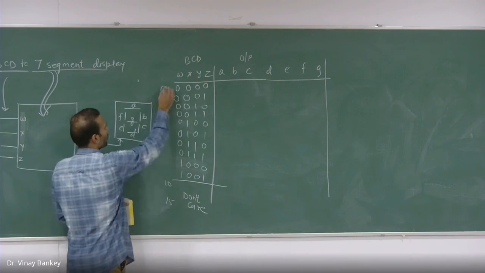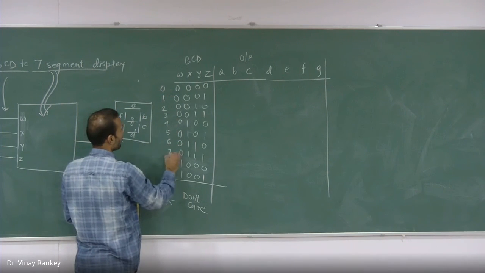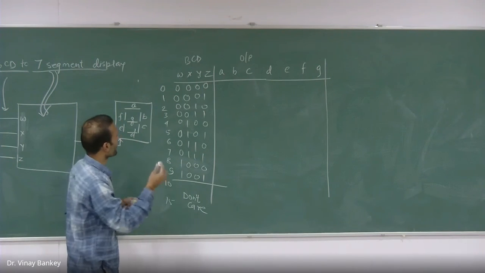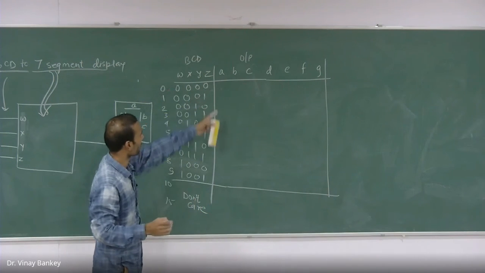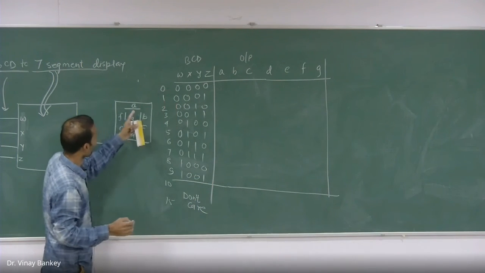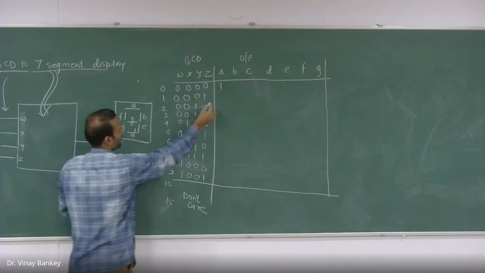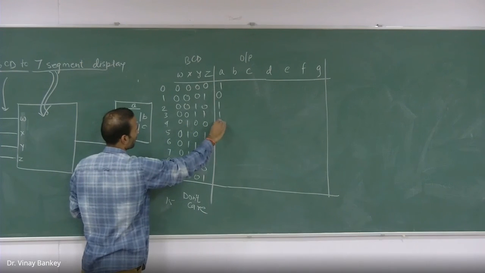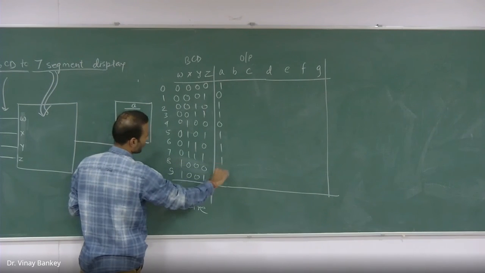So now this is 0, 1, 2, 3, 4, 5, 6, 7, 8, and 9. Now quickly reply: for what combination will A be glowing? For 0, yes. 1, no. For 2, yes. 3, 4, 0, 5, 6, 7, 8, and 9.